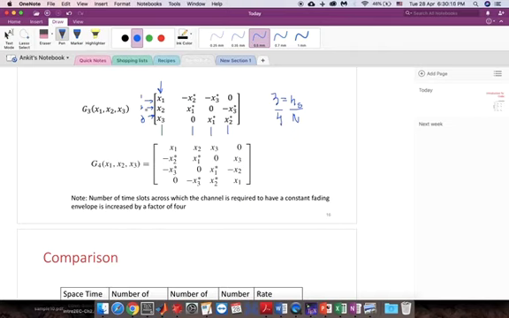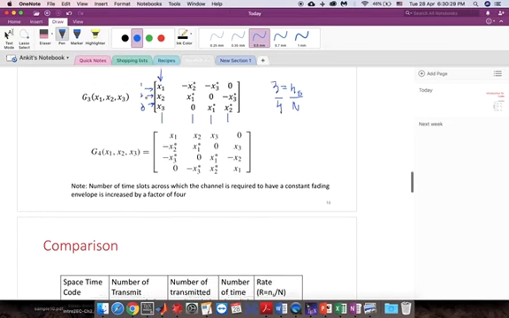It's quite obvious that as we increase the number of time slots, the rate would decrease, and on the other hand the delay will also increase.